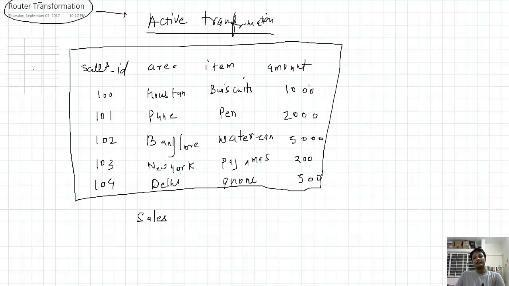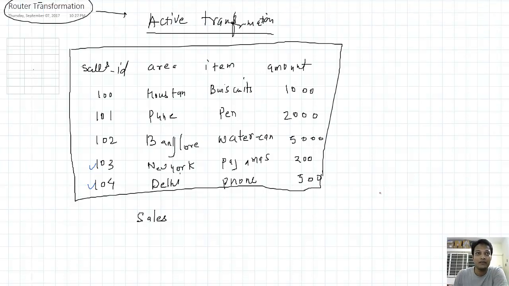Now from this table, we want to find out the items for which the amount is less than 1000. Okay? So look at the data and tell me the items for which the amount is less than 1000. These two? 103 and 104, right? Second, we want to select the items for which the sales quantity is greater than or equal to 1000 but less than 5000.